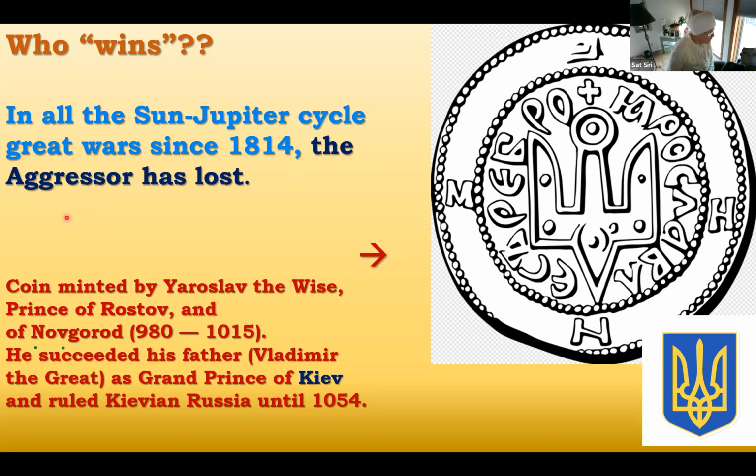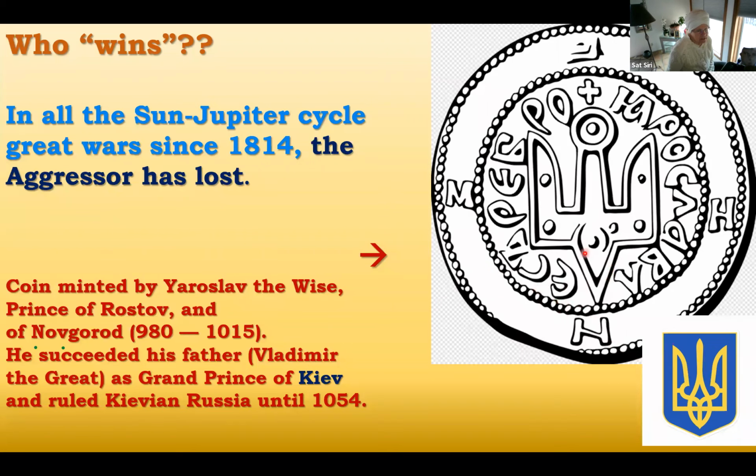So the one initiating the conflict, Germany invading Belgium, Germany invading Poland, ISIS trying to seize power. The aggressors always lose because it's as if Jupiter is reasserting its nature of peace, justice, of upholding the rights of humanity. So if we have to make a prediction, that would be our prediction.